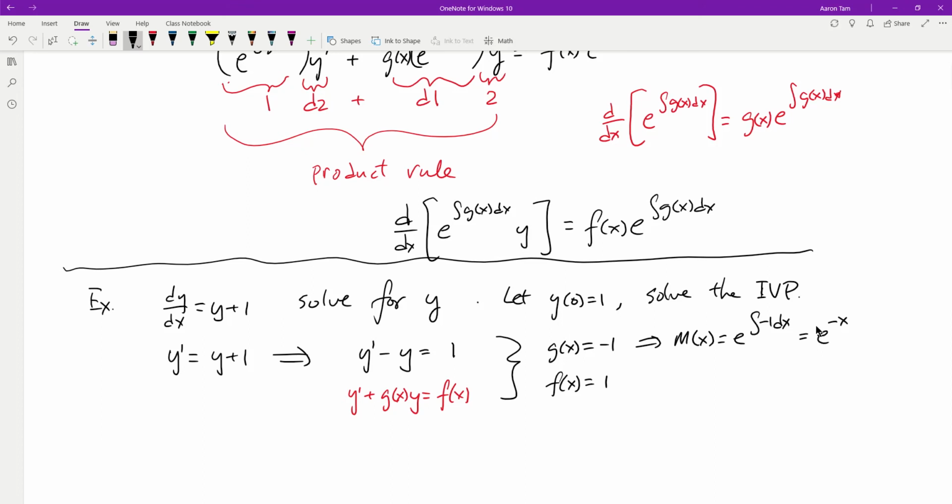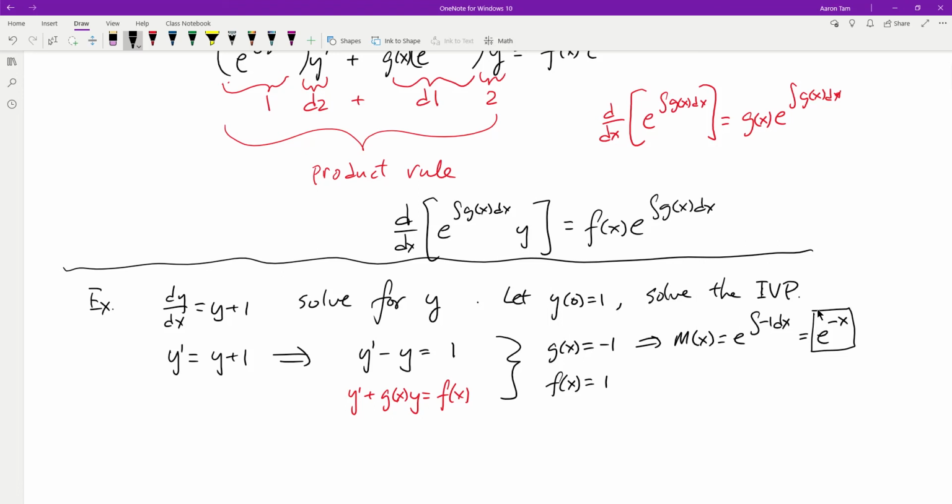As a matter of fact, you could put a number in front of e to the negative x and it will work out exactly the same, because you multiply the entire equation by that, and so that constant would eventually just divide out anyway. So we purposely choose the constant to be just 1. If you put a constant there, it will just divide out, so that's why we don't do it. So this is my exponential multiplier.